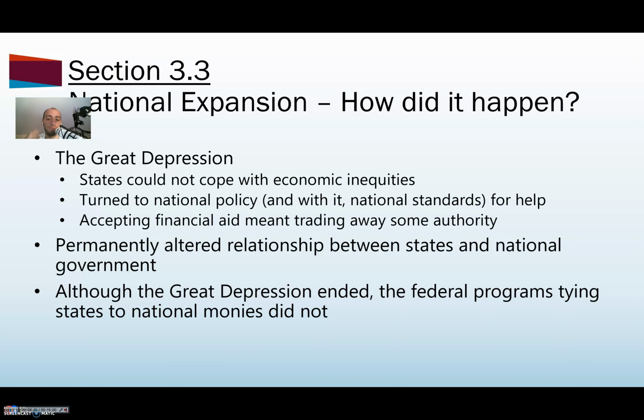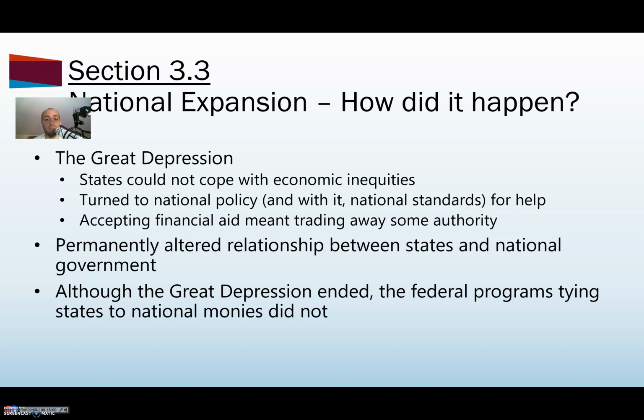Now, this happened because when there was a great crisis, it changed from dual to cooperative, because when we allow the state to have too much power on their own, then things might have some problems. The biggest impact was the Great Depression, where the states couldn't deal with the economic issues happening at the time.